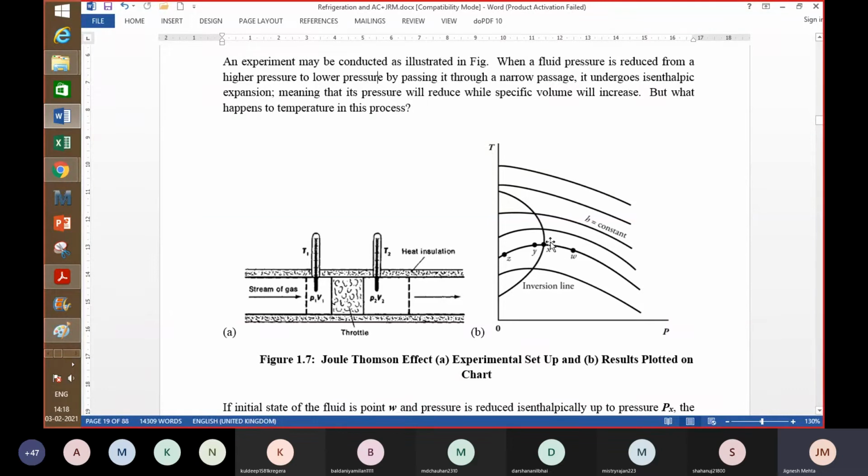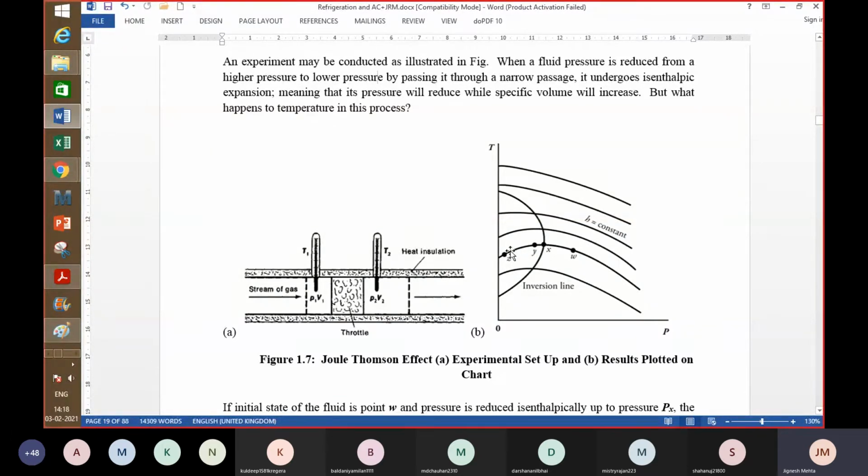Okay, the Joule-Thomson coefficient for this curve would give you a negative slope, right? So the temperature is actually increasing. But let's say you start at point Y, for a particular enthalpy. You start from point Y, that is a particular combination of pressure and temperature, and you reduce the pressure further.